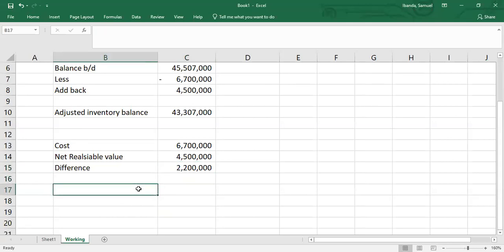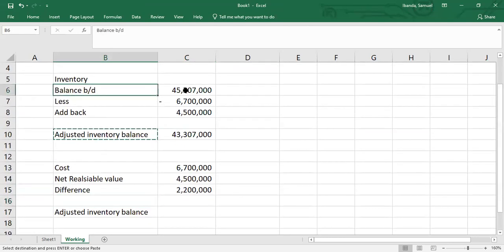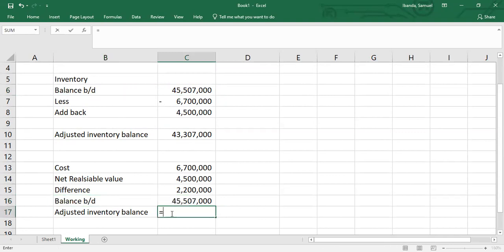So my balance brought down is this, and my adjusted will just be this 45 minus this, which gives me 43. So it still gives me the same answer.